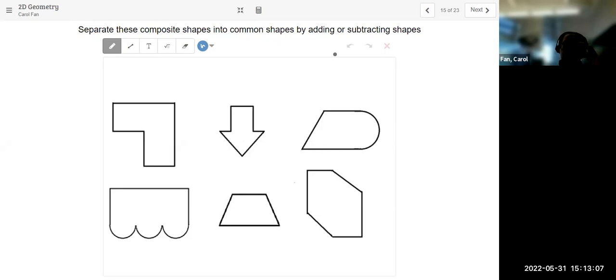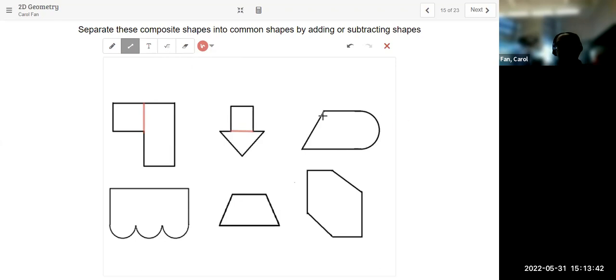Meaning I want to cut this into parts so that I can have two shapes that I can manage, or more than two shapes. So let's say I have this upside down L. I can cut this shape into two different rectangles. An arrow can be cut into a rectangle and a triangle.